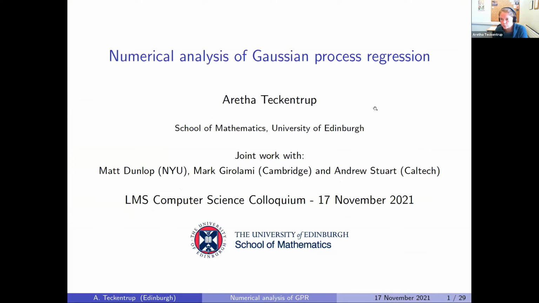The purpose of the talk is really just to give everyone a flavor of how tools from applied mathematics and numerical analysis can be used to get some insights into methodologies that maybe come from computer science or statistics, such as Gaussian process regression, and give you some insights into how these methods work and what kind of theoretical properties they have. So even if you don't understand all of the technical details, I hope you can see how there's a lot of tools from a lot of different areas coming together.